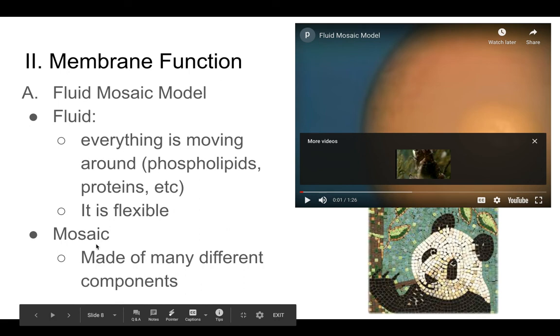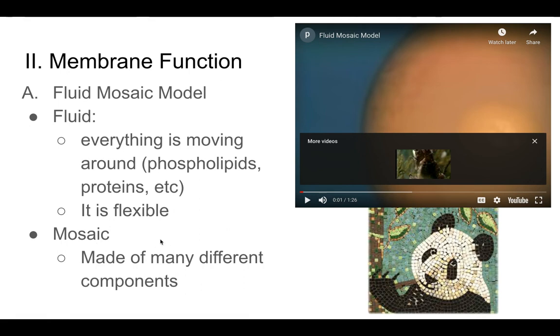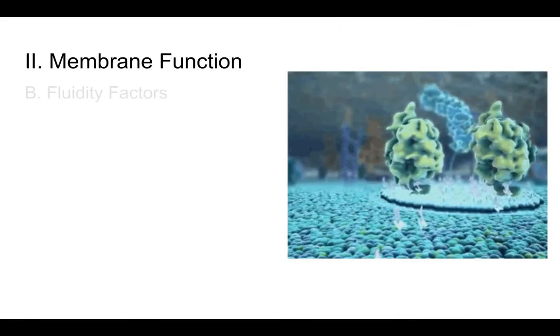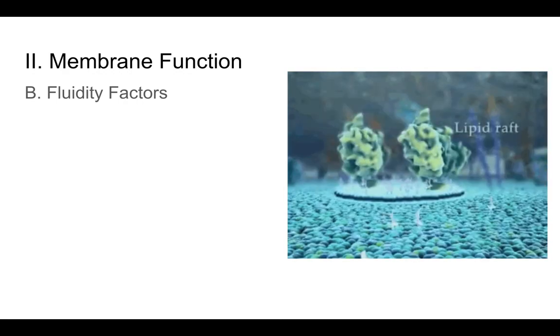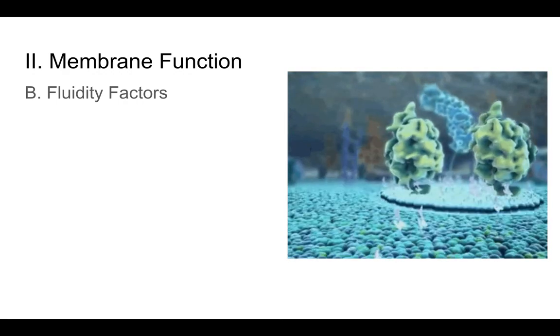And so the mosaic term here comes from the idea that the membrane is made up of lots of different little pieces pieced together for an overall function. Lots of proteins and phospholipids and cholesterol, glycoproteins, glycolipids, things that we've just talked about, all put together into this fluid structure.